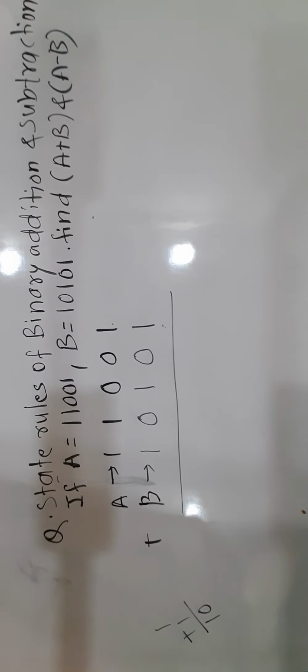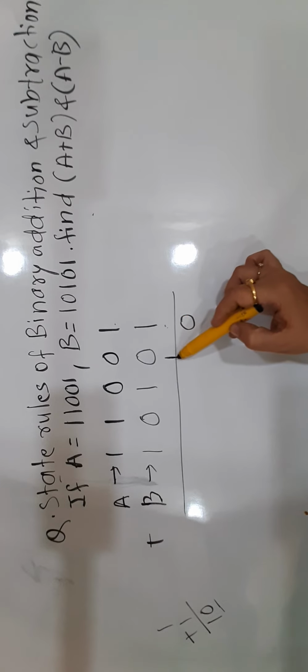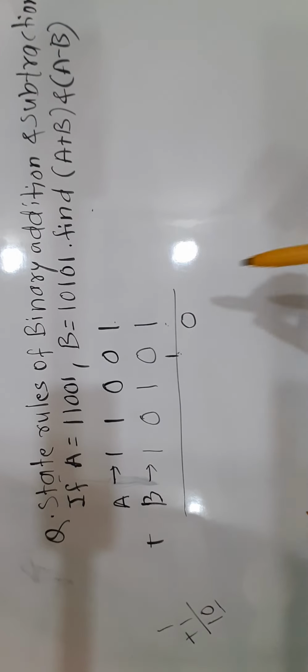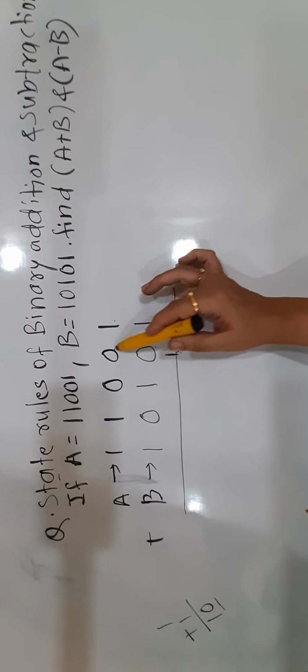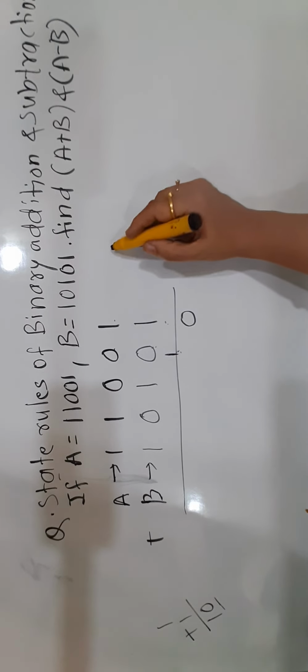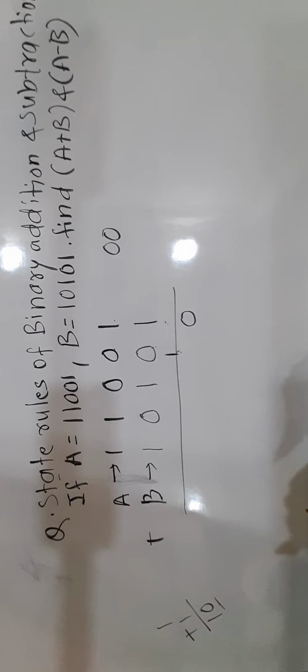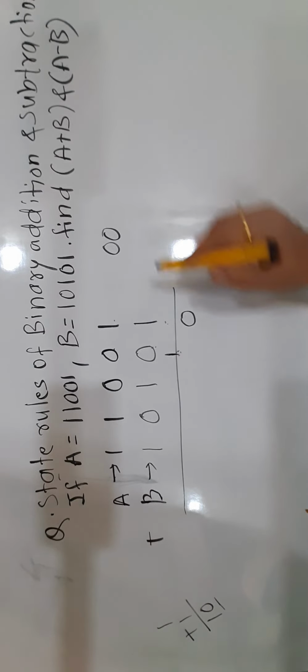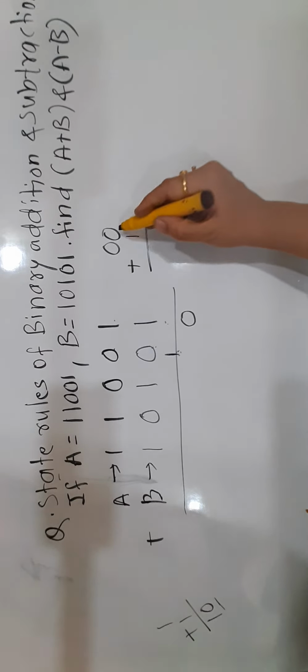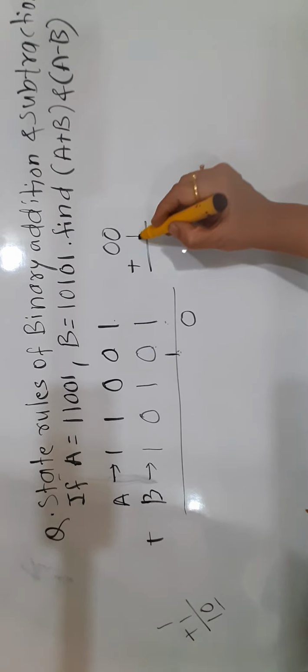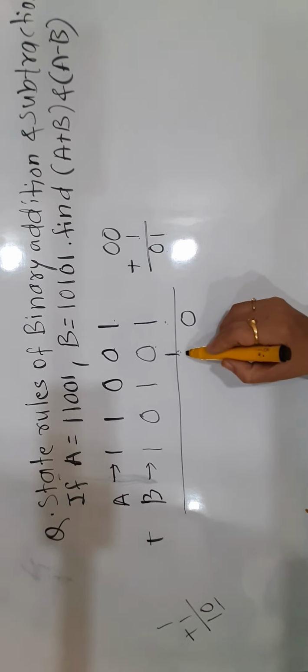So we write sum 0 here and the carry goes here. Now we have to add 3 bits because there is a carry as well. First we add the first 2 bits, 0 plus 0, result is 0 0. And if we add this carry, 0 plus 1 is 1, so the result is 0 1. So we write 1 here.